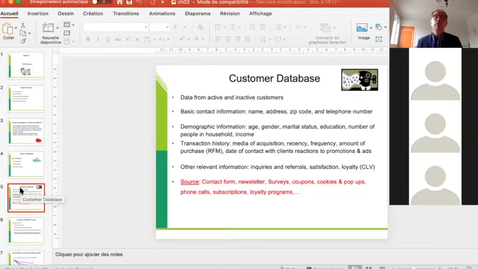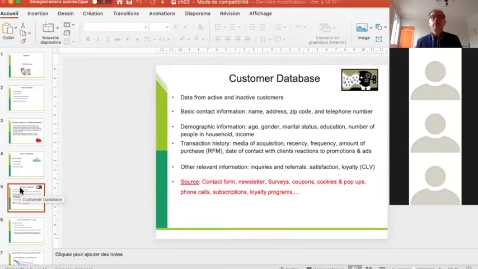It contains above all basic contact information: the first name, family name, address, zip code, telephone number, email address, social media, WhatsApp, so all information that can be used to contact the customer.